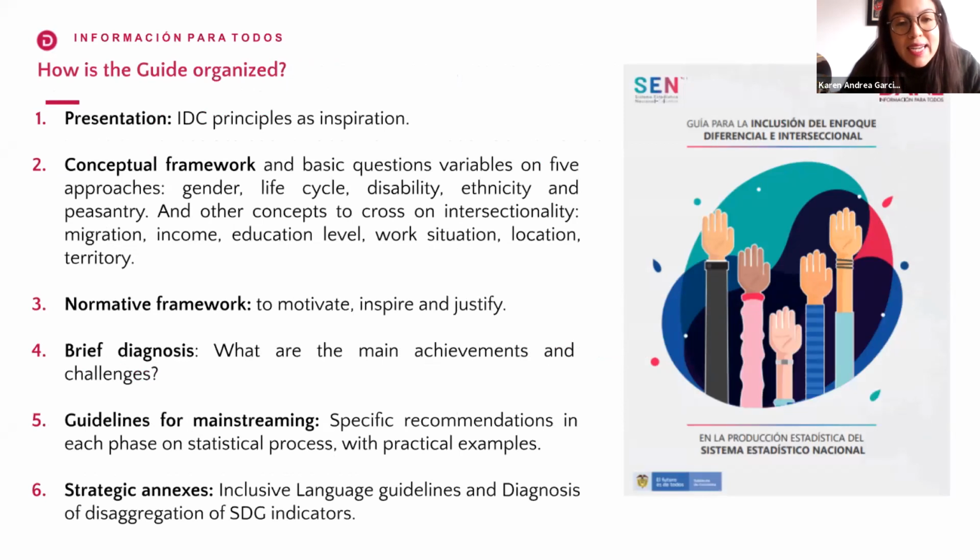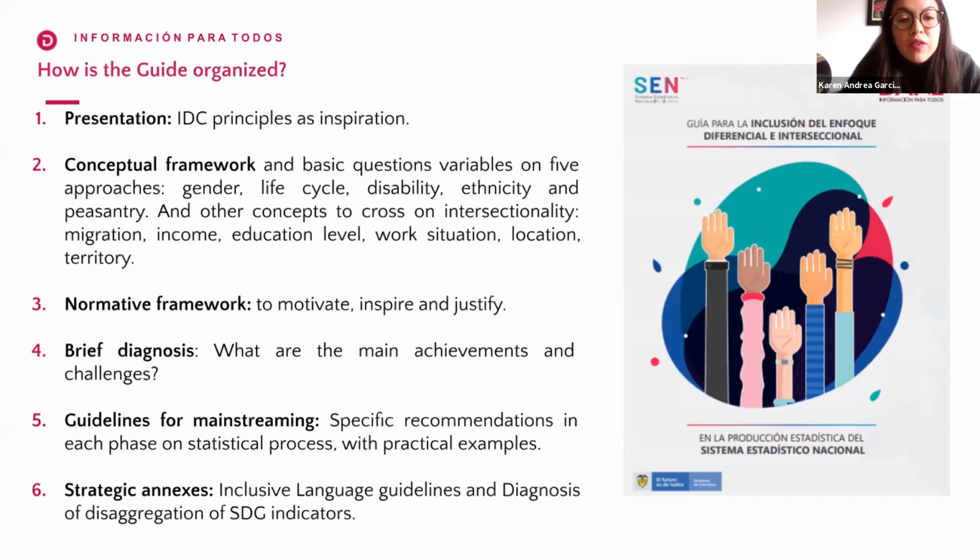So we organized the document based on this structure. In the first part, we present the document and we mention the IDC principles as an inspiration for this view. And after that, we present a conceptual framework that is very important in the document, because there we include basic questions, variables on 5 approaches: gender, life cycle, disability, ethnicity, and peasantry.